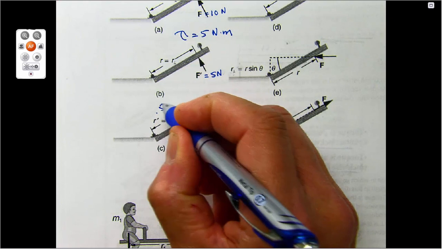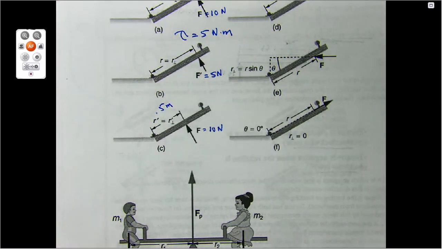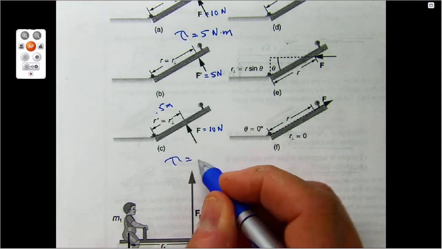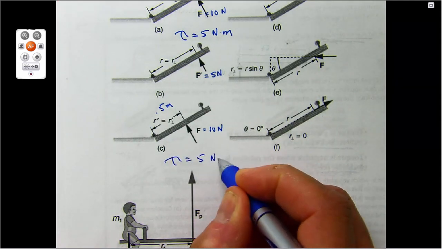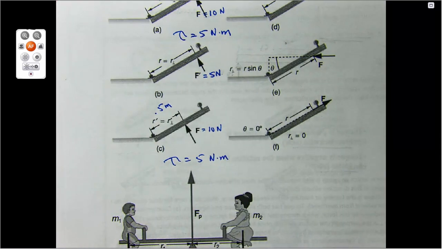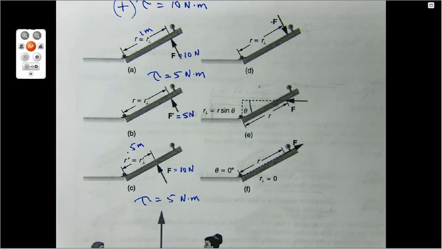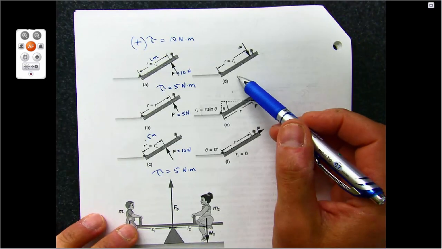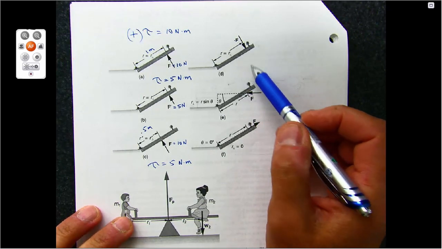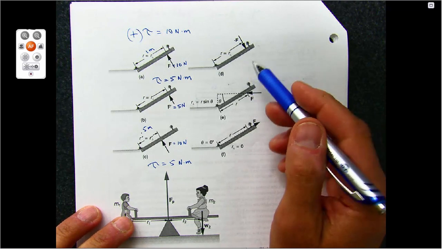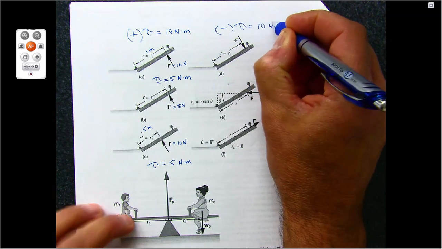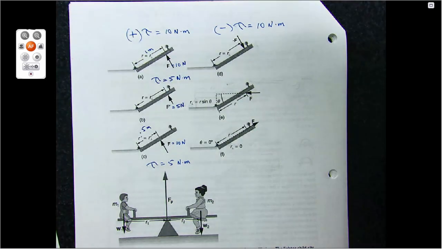So if we call that 0.5 meters, we can still have a positive torque of 5 newton meters, right? The only difference in D is they're just applying this in the opposite direction. So this is going to be negative torque, 10 newton meters.